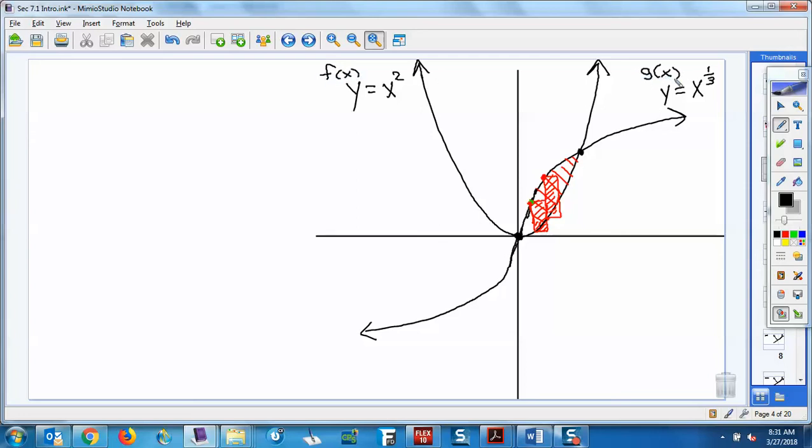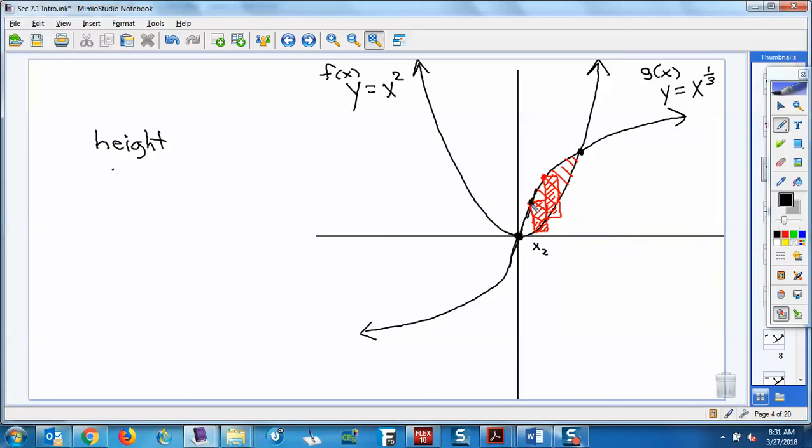Now, what would be the height of that first rectangle? Call this left end x sub 2, whatever. How would you write the height of that rectangle in function notation, using g's and f's? What would this height be right here?